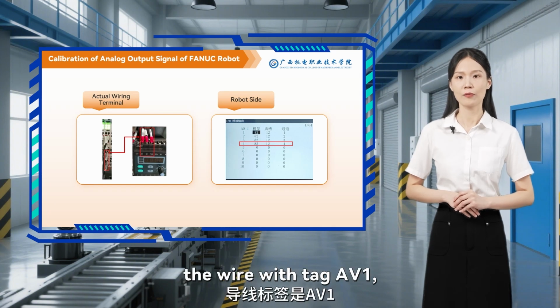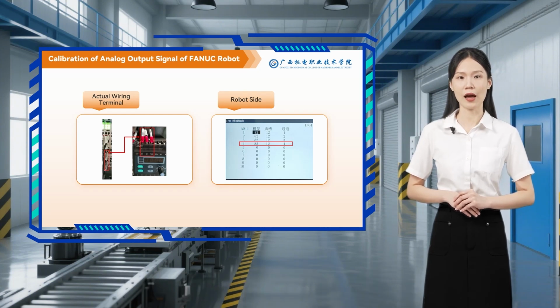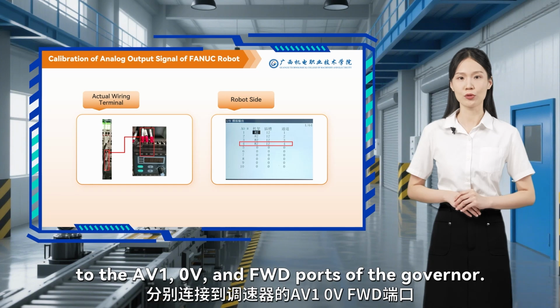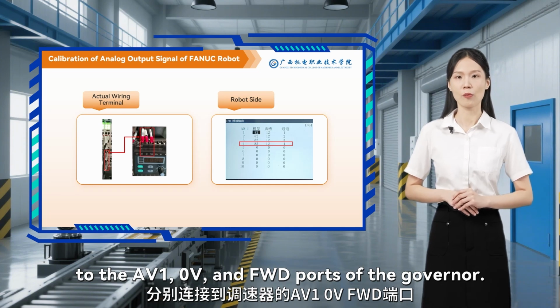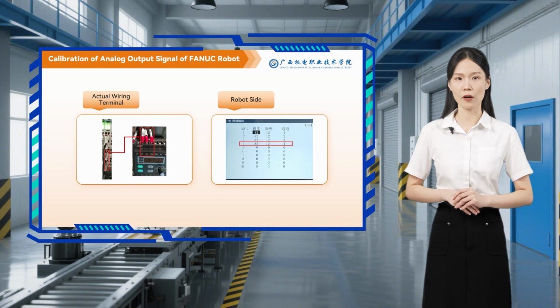The wire with tap AV1 and the corresponding ground with tap AV1 to 0 volt, and FWD port of the governor, so as to realize the rotational speed control of the motor.